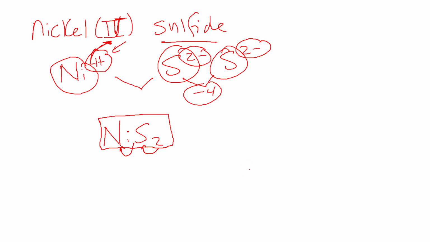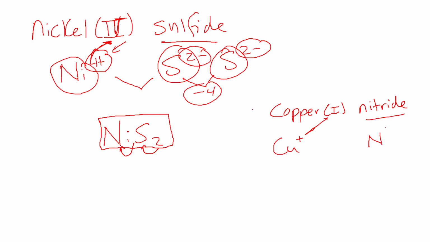Now, if I had copper, Roman numeral 1, let's do nitride. Again, when I see that Roman numeral, it tells me the copper is carrying a +1 charge. Nitride is nitrogen, group 5 on the periodic table, -3.